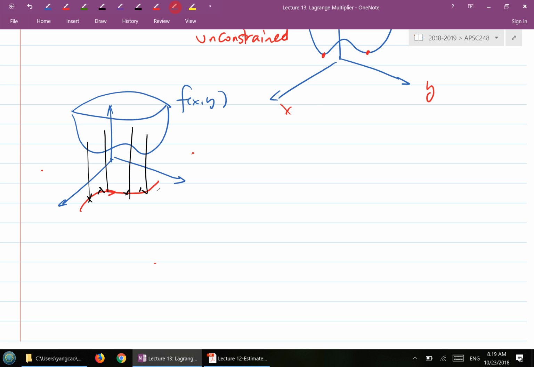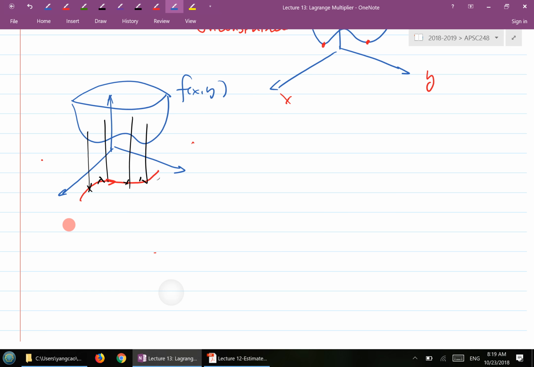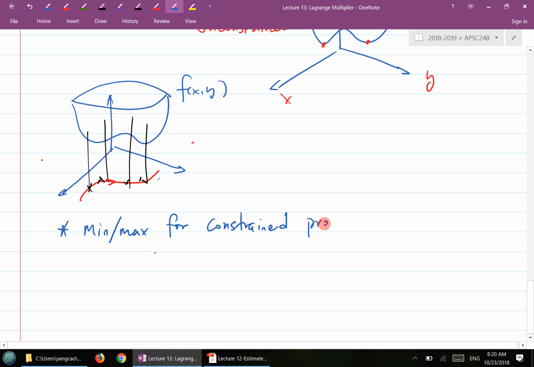Basically, we can call it constrained min and max, for the constrained problem. And we'll introduce a new concept which is called the Lagrange multiplier, for this problem.